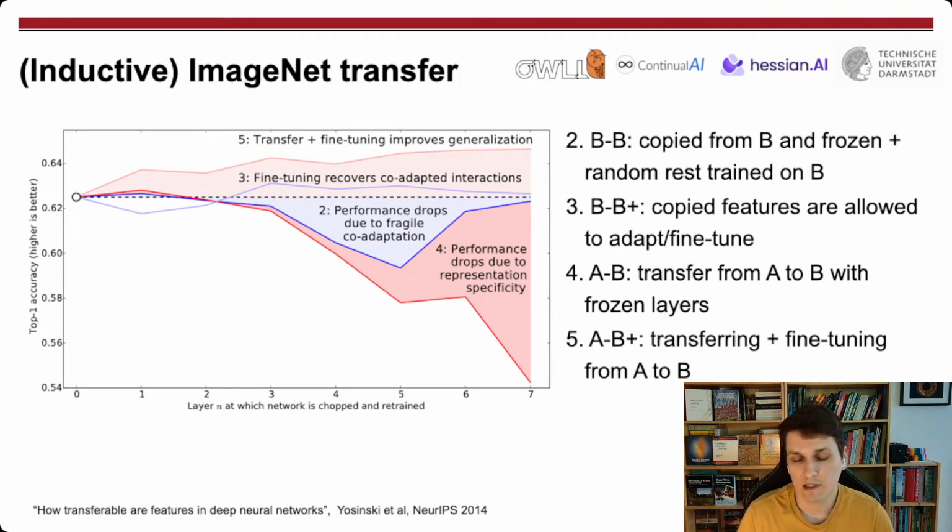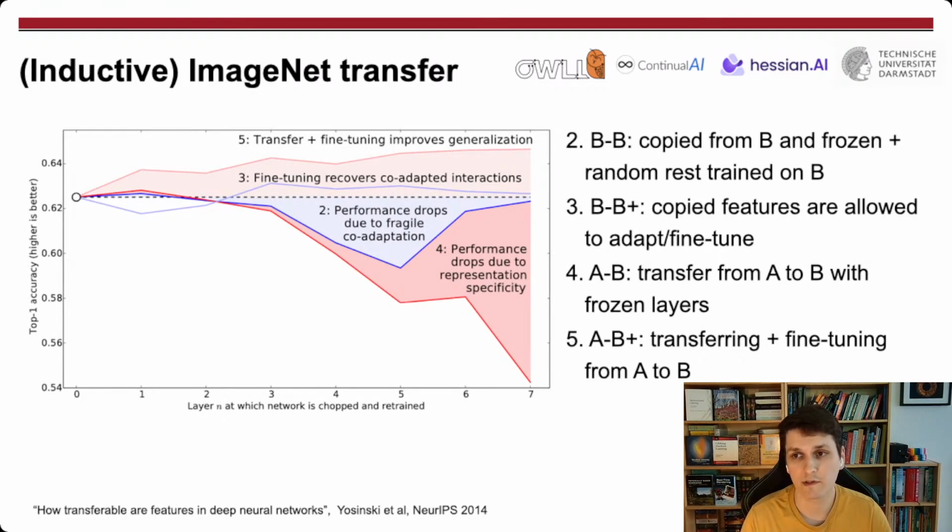Perhaps a little bit counterintuitively, you can see here that the performance in this procedure actually drops. Because a specific part of the network has already been initialized and the other part has not, the authors call this fragile co-adaptation, because it seems hard to tune only specific parts of an architecture if the remainder is frozen to an already converged solution.